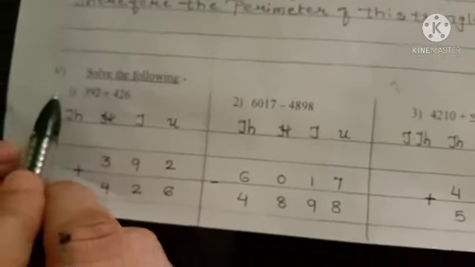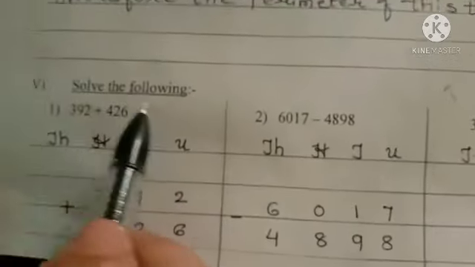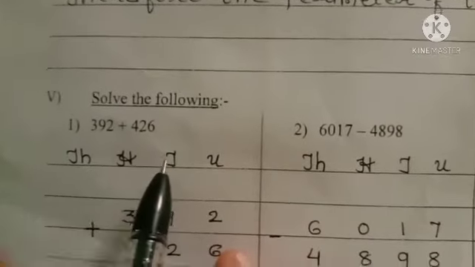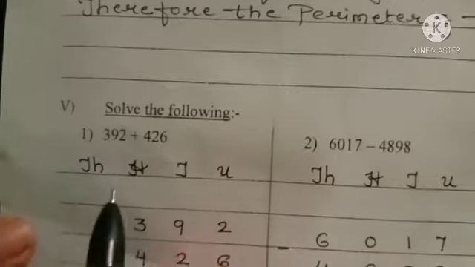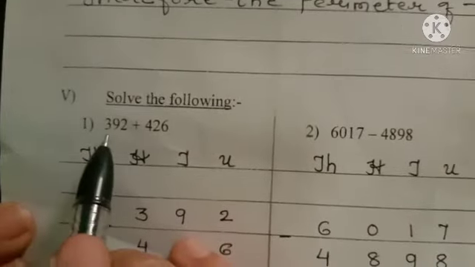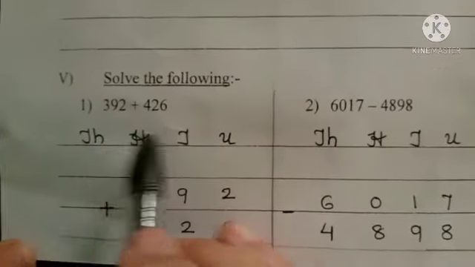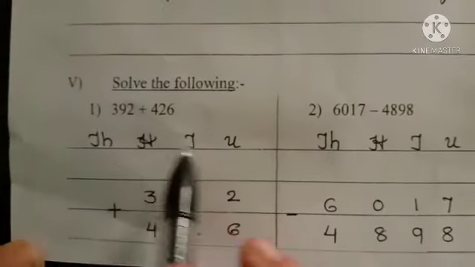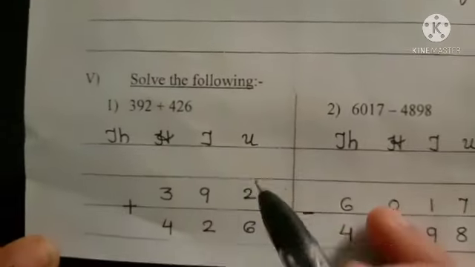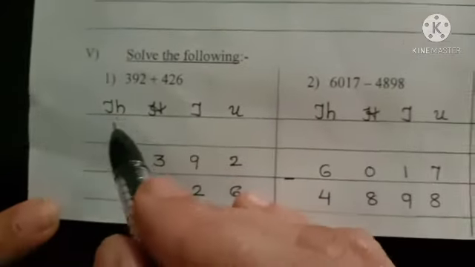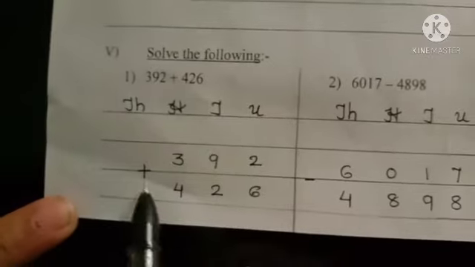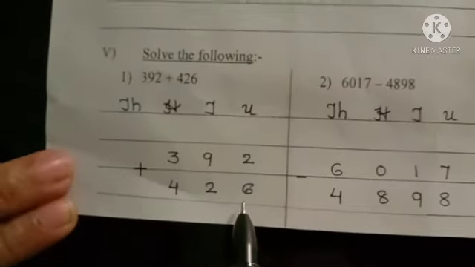Moving to the next question, number 5 is: solve the following. So you have to solve these given additions or subtractions. So first is given 392 plus 426. So first we will arrange this vertically place-wise: units, tens, hundreds and thousands. 392 plus 426.